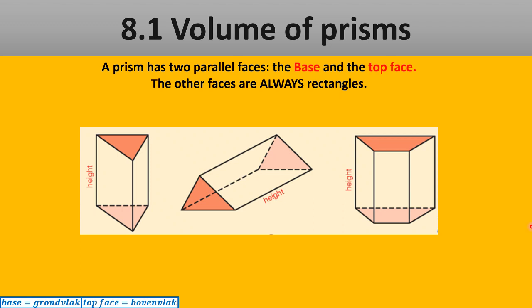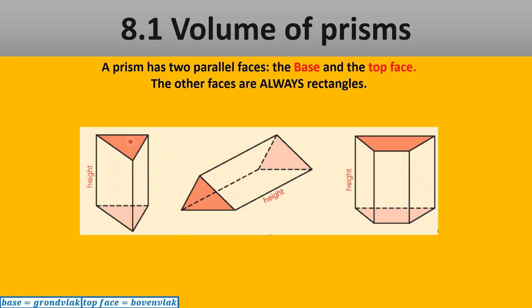What exactly makes a prism a prism? Well, a prism always has two parallel faces. One is called the base and the other is called the top face. Het bovenvlak en het grondvlak. Remember this clearly, the base and the top face don't always have to be, for the base, on the ground and the top face the one above that.